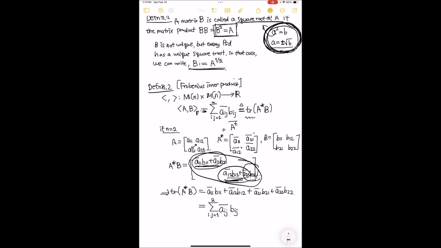So the Frobenius inner product is written as trace A star B.